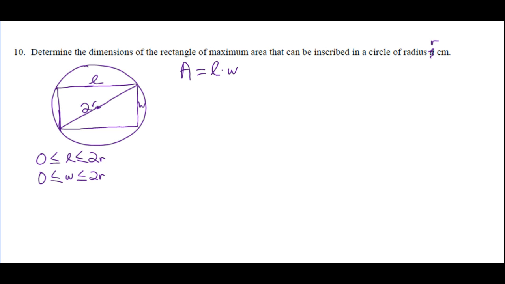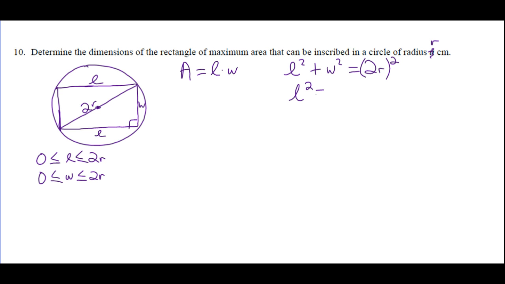And what's our relationship? Well, we've got a right-angled triangle here, right? So we know that L squared plus W squared is equal to 2R, quantity squared. Right? Because we need to get this into one variable. And I like L for some reason.